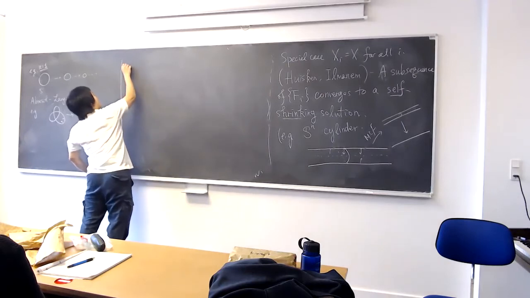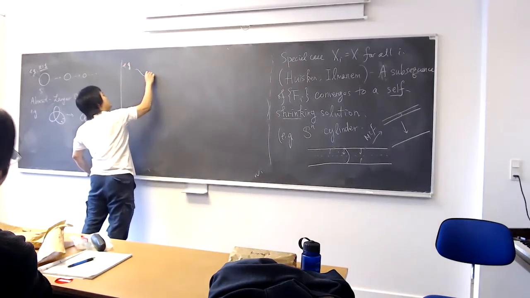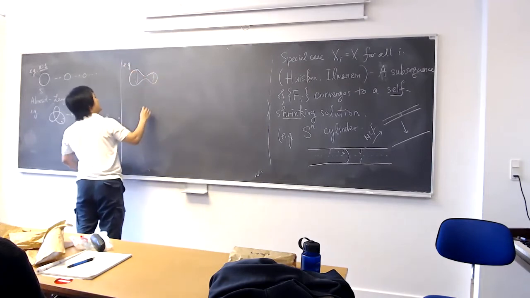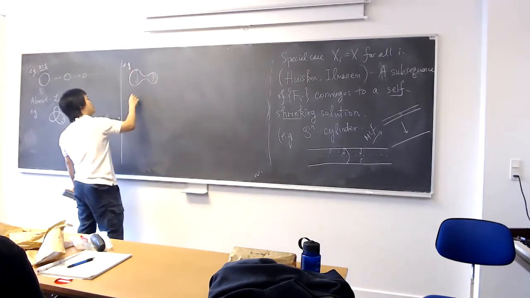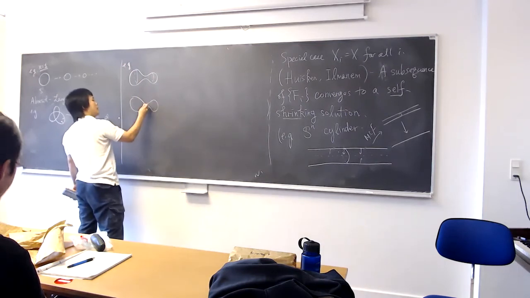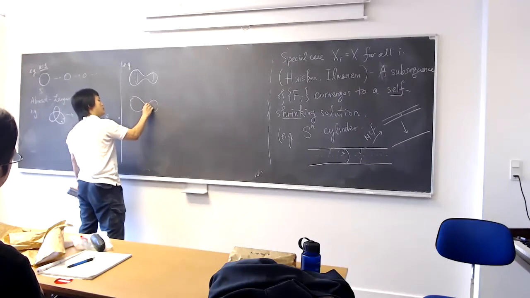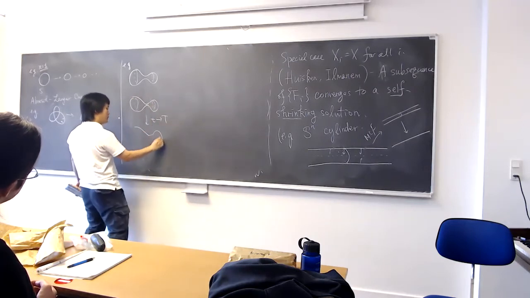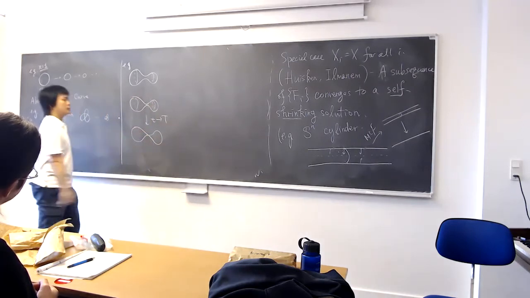So going back to this blow-up procedure in this picture, I'll draw two similar pictures of this form. At some point, the neck becomes thinner and thinner, and then when t goes to capital T, it becomes a singularity.